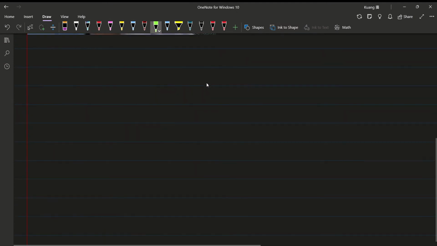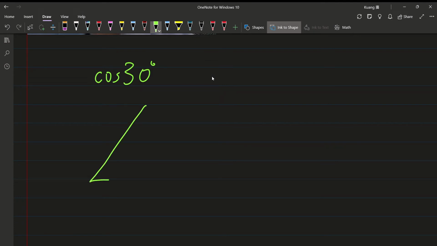So first, if I ask you what is maybe cosine 30, usually we look at a right triangle. So 30 is here.